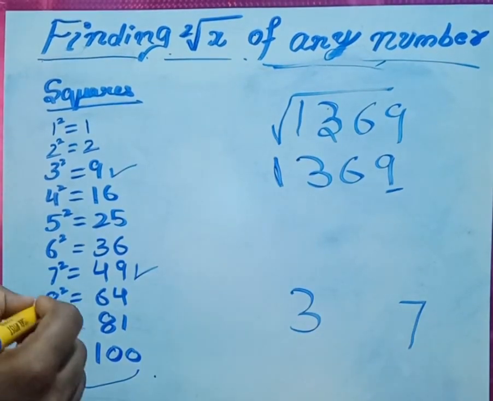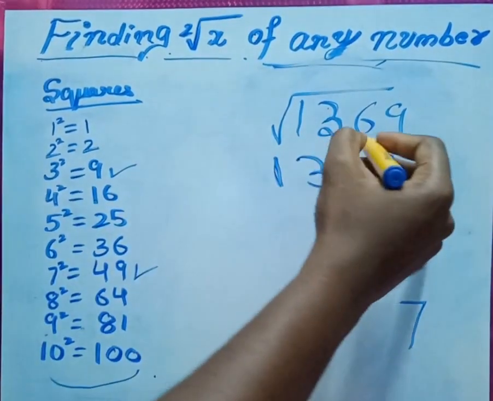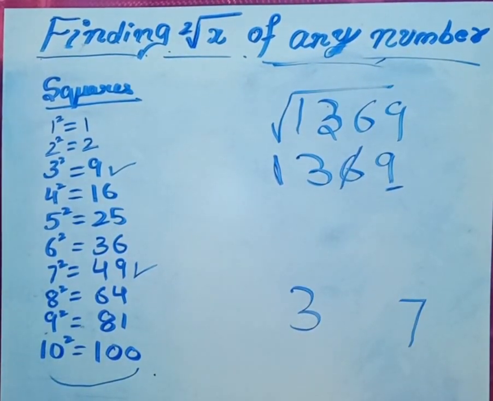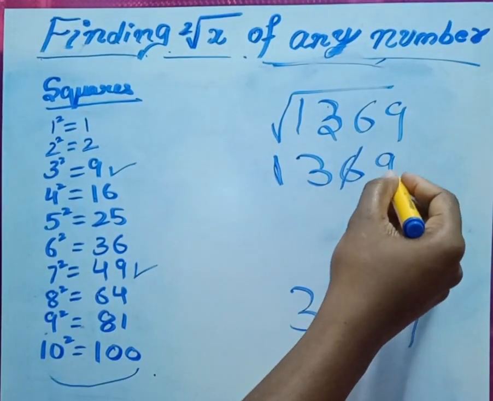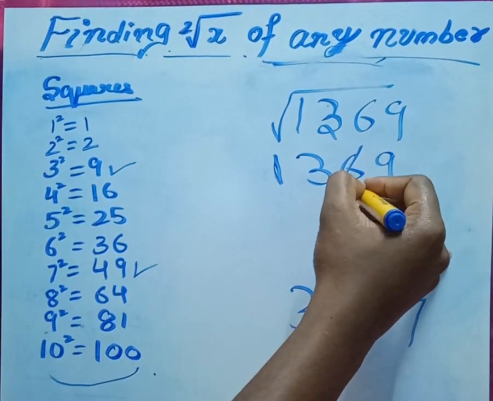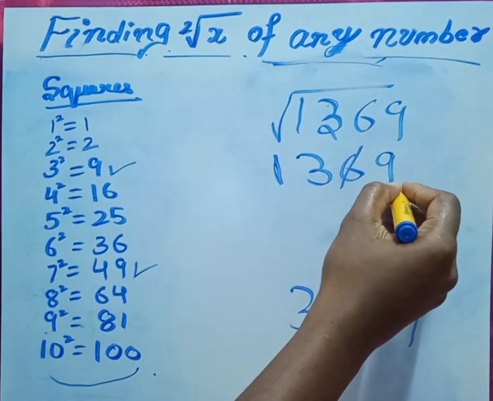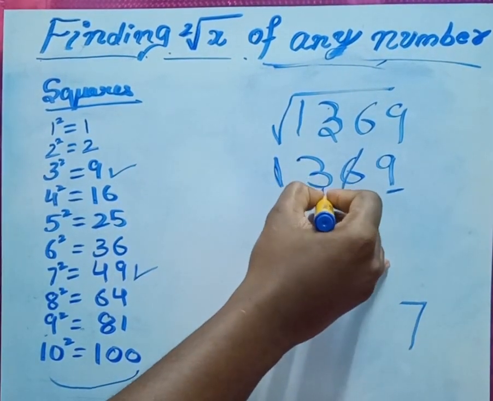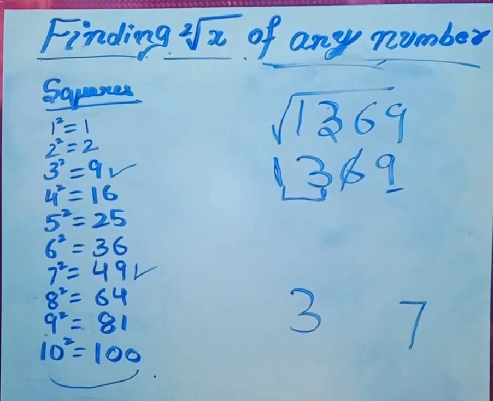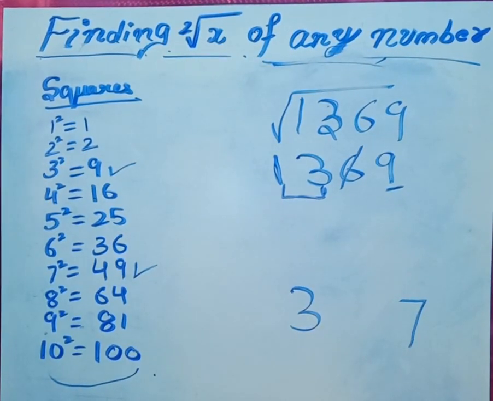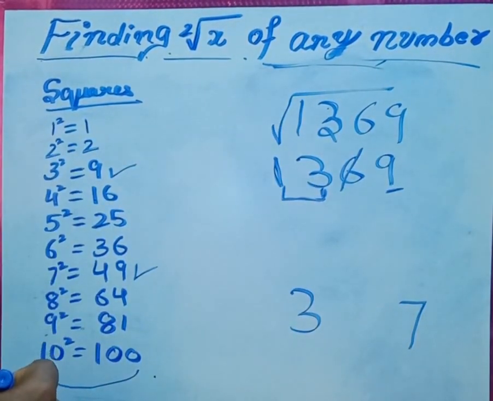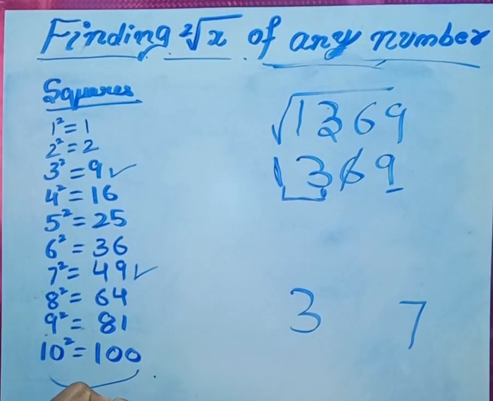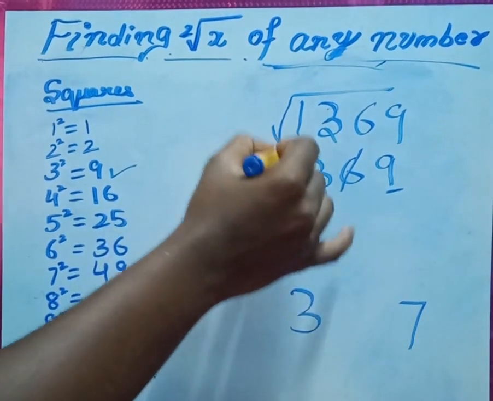After finding this, you have to cut the number which is next to the unit digit. Am I clear, guys? That's what you have to do. You have to cut the number which is next to the unit digit. So I cut the 6. Now we have remaining 13, right? Now, by using this table, you have to see whether you will get 13 in this table or a number which is less than 13.